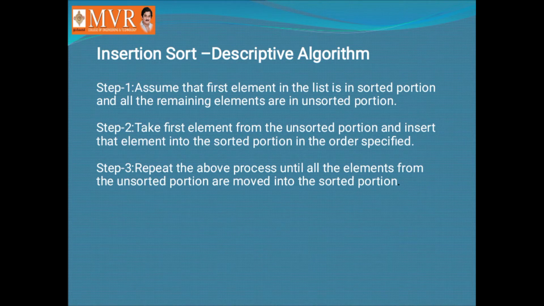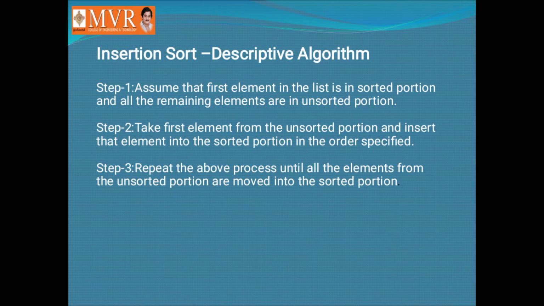If they are not in order then we swap those two elements until they come into ascending order. Step 3, repeat the above process until all the elements from the unsorted portion are moved into the sorted portion.